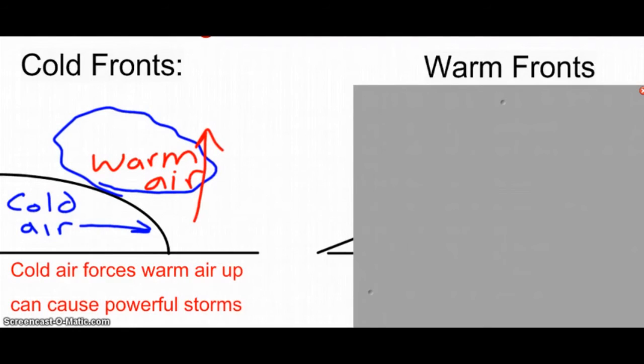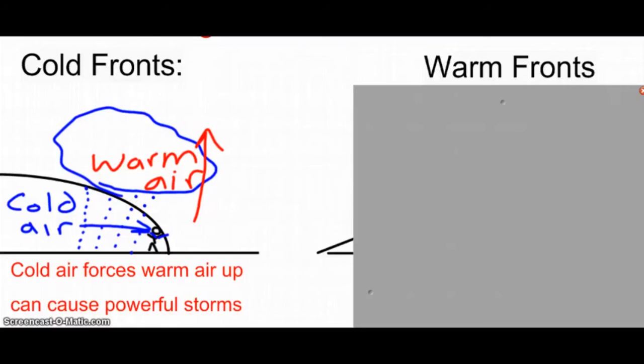What might end up happening is you start feeling rain. A person standing on the ground here just felt the air get a little bit cooler as that cool air passed, and then the next day or so might be getting a little bit of rain.